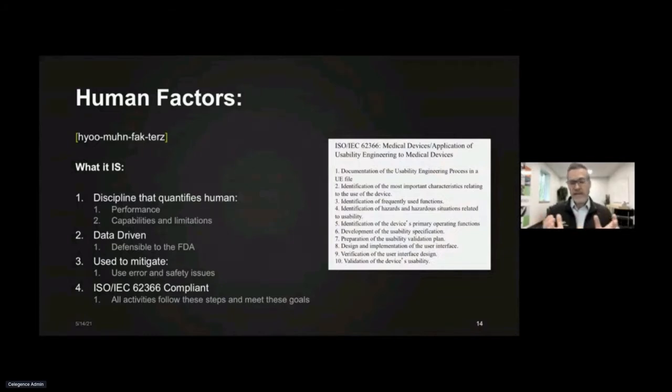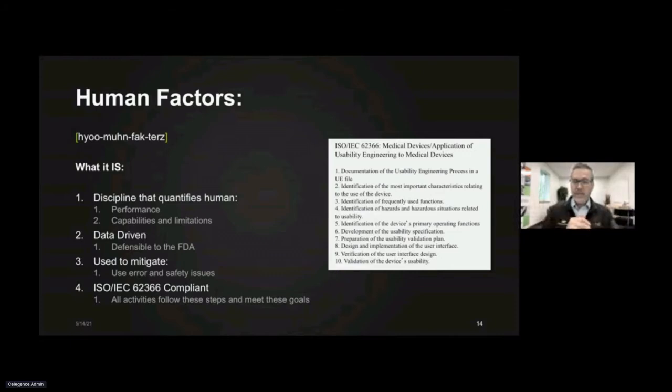So what is human factors? It's a discipline that quantifies human performance, capabilities and limitations, like we already defined in the definition. It's data-driven, meaning it's going to be defensible to a regulatory body, and it's used to mitigate use error and safety issues that arise from use error.